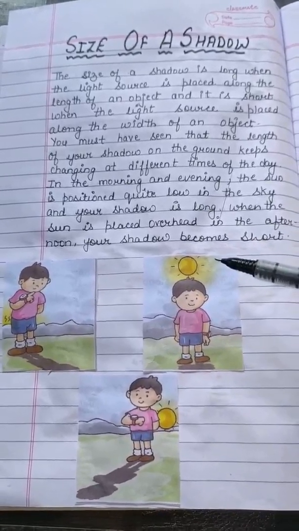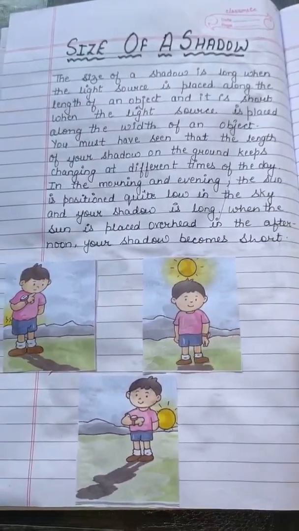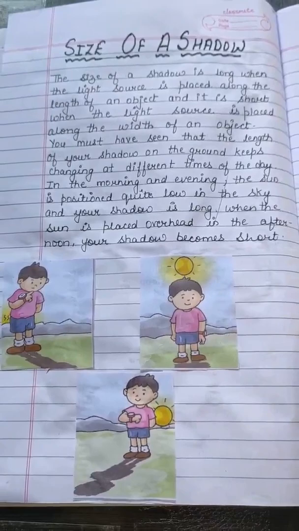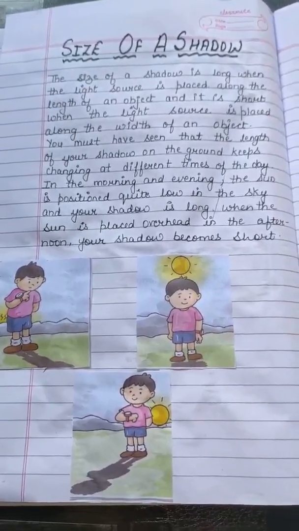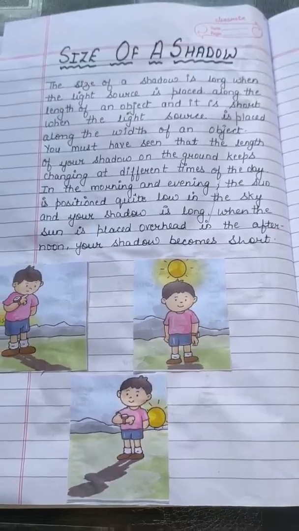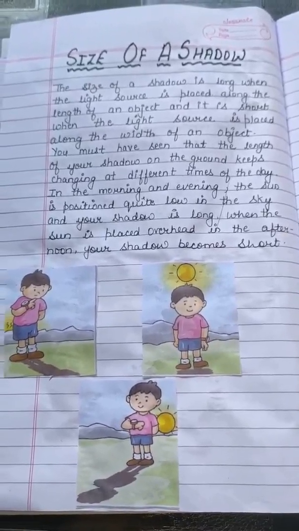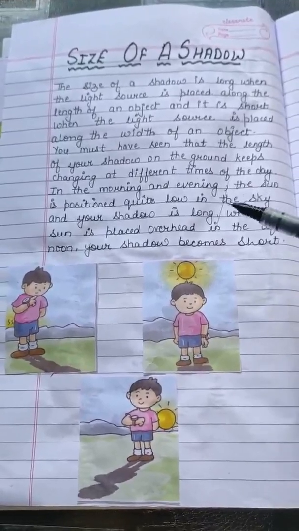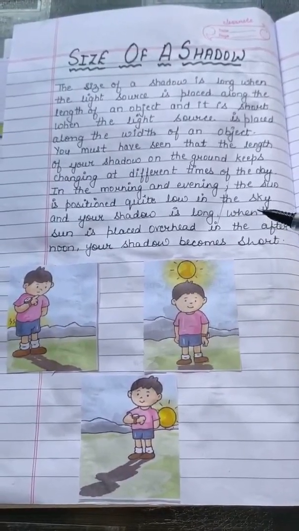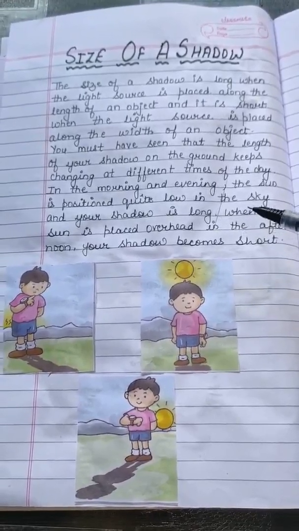like here. You must have seen that the length of your shadow on the ground keeps changing at different times of the day. Our shadow always changes with different times of the day. Why? In the morning and evening, the sun is positioned quite low in the sky and your shadow is long.